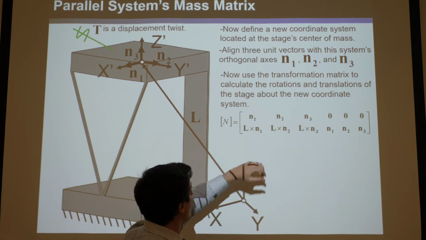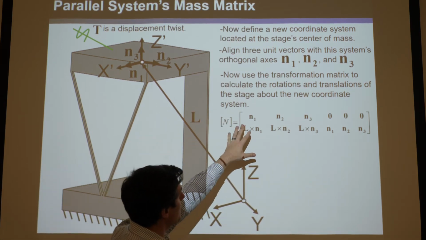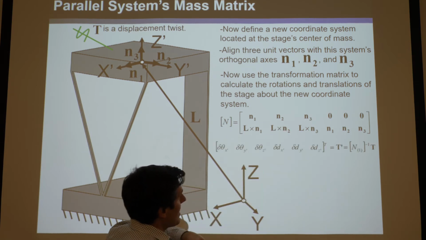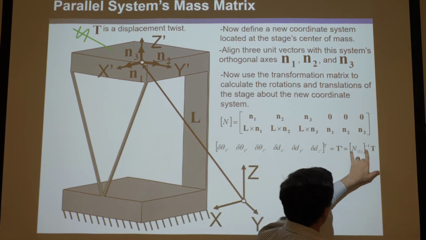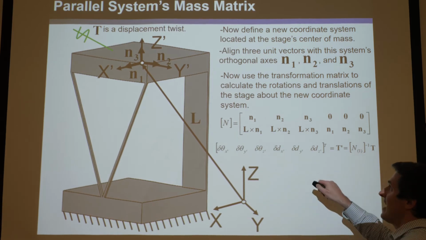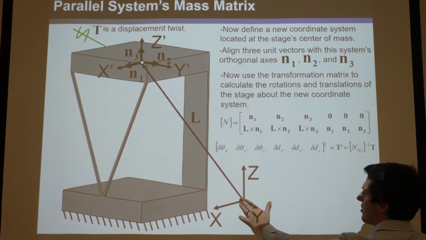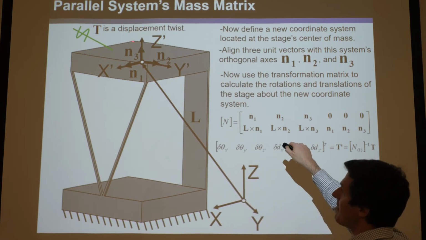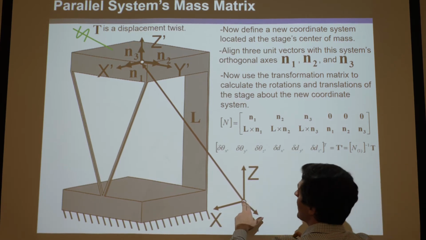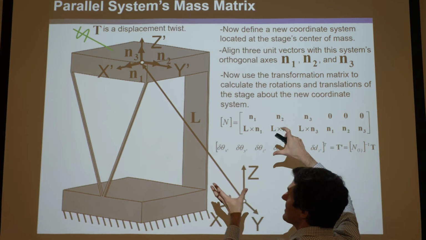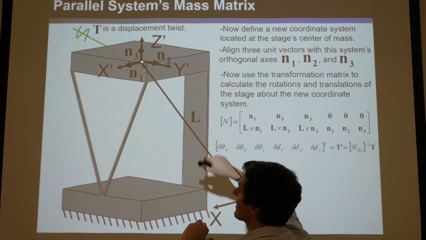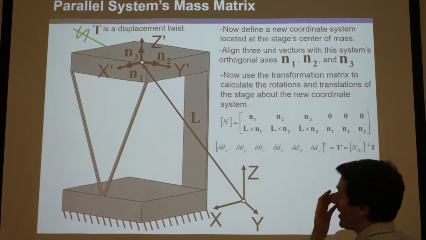If you do it for this L and this n1, n2, n3, if you take that and you invert it, so here it is inverse, and you multiply it by some displacement twist vector that's defined with respect to this global coordinate system. So again, you would imagine this stage as well as this point stuck to the stage, twisting, screwing about this axis for any pitch, whatever they specify, right?